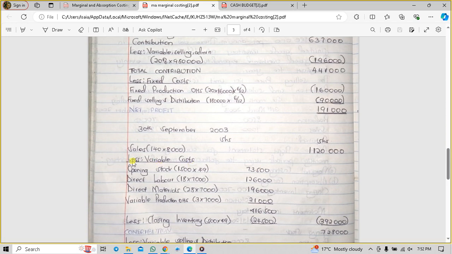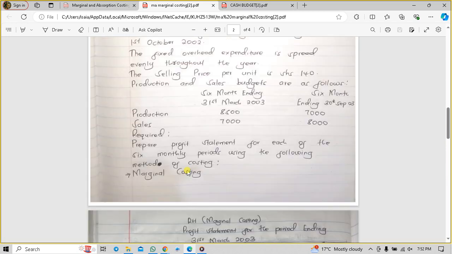Then we subtract the variable cost. But in this case, we have an opening stock, not like the other case. So here we have an opening stock of 1,500. Where are we getting the 1,500? You see, the first 6 months, we had a closing stock of 1,500 because we produced 8,500, but we sold 7,000 units.